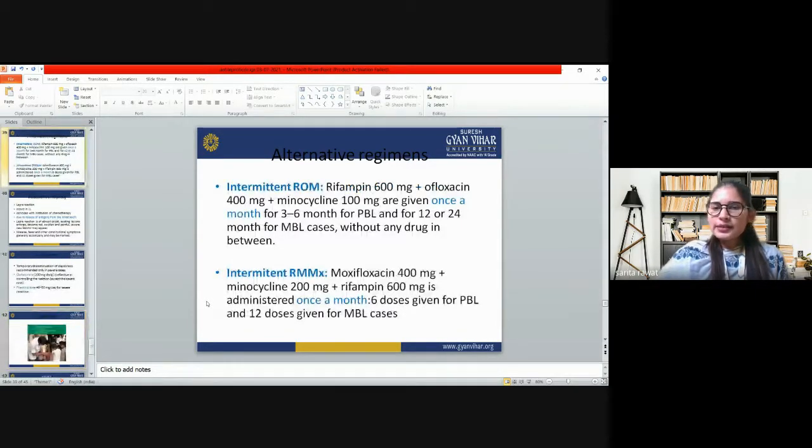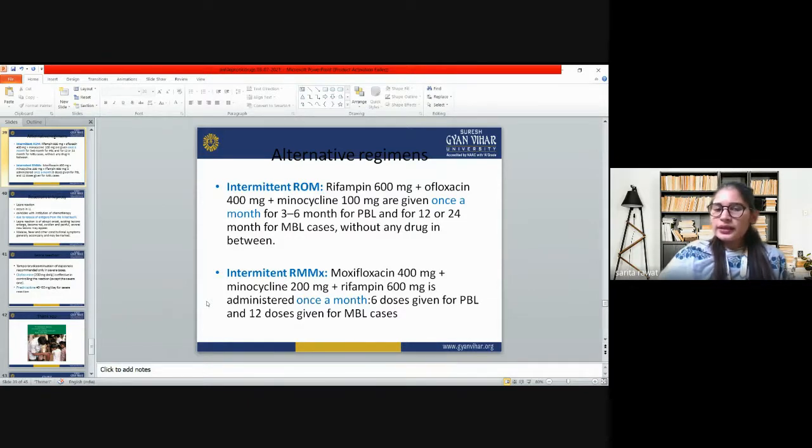The alternative regimen includes intermittent ROM: rifampicin 600 mg plus ofloxacin 400 mg plus minocycline 100 mg, given once a month for 3 to 6 months for paucibacillary leprosy and for 12 to 24 months for multibacillary leprosy cases, without any other drug in between.